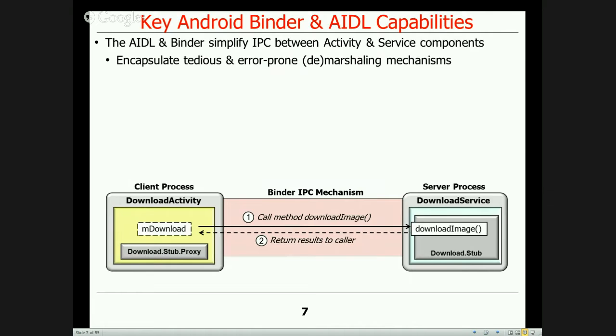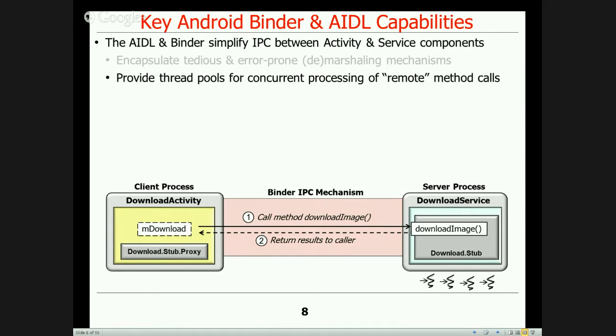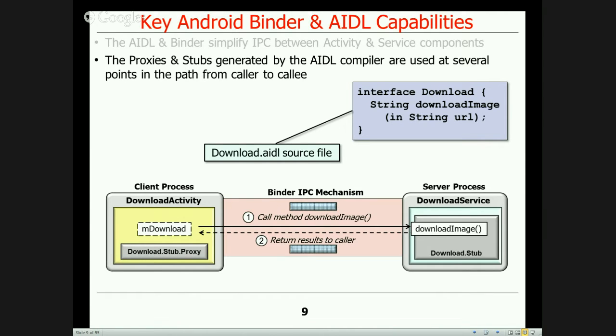Rather than having to write marshalling and demarshalling by hand, AIDL and Binder encapsulate the tedious and error-prone aspects of writing these things manually. Another benefit it provides is thread pools to concurrently process remote method calls. Remote here means running in a separate address space, not running on another computer. It's running in a separate address space on the phone or on the tablet.